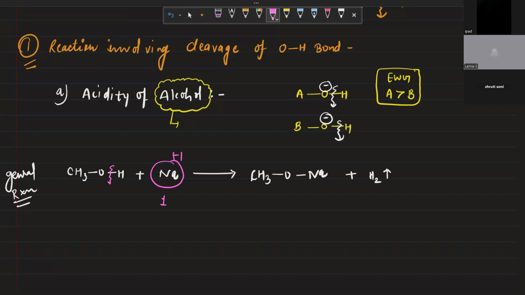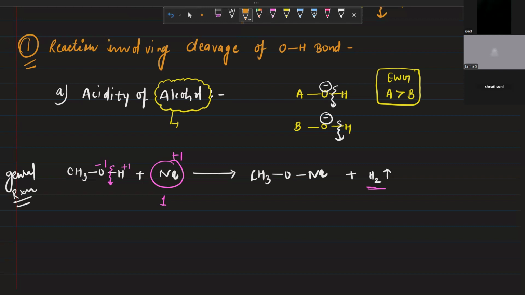And let's suppose I'm breaking this bond. Hydrogen is plus 1, and oxygen is minus 1. So after breaking this bond, the Na plus attaches to the oxygen minus and the gas H2 is removed.